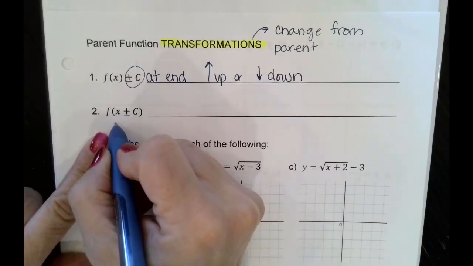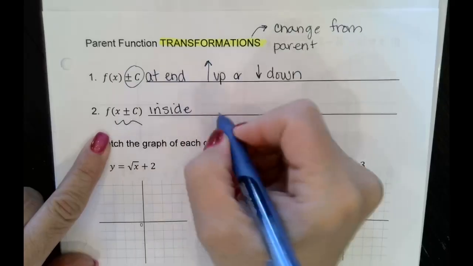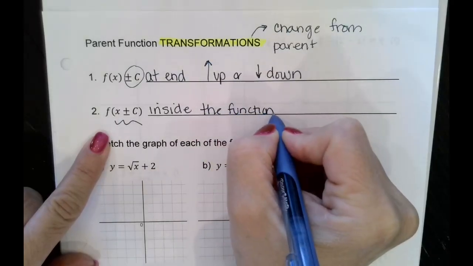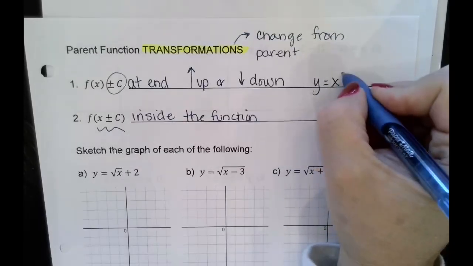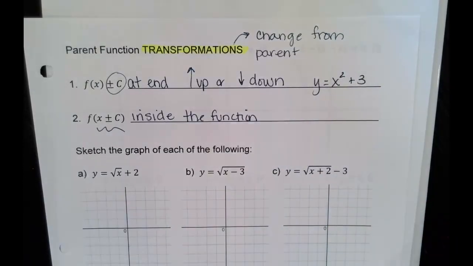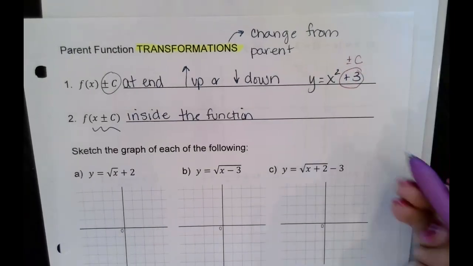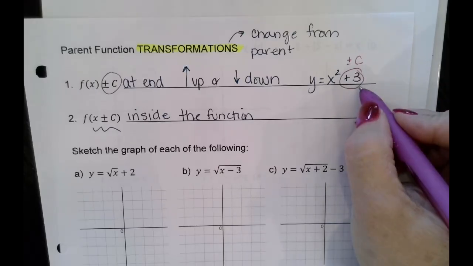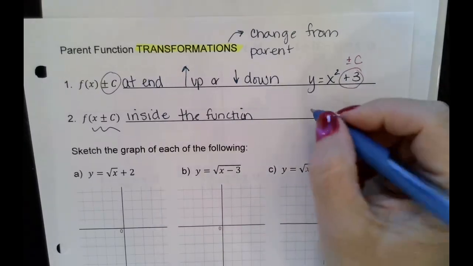Now this is inside the function. And think of this as something, and here I'll give you an example. This would be y equals x squared plus 3. This plus 3 is my plus or minus c. Now we know they have nothing here, so this just tells me that I move my quadratic up 3. This would be if I had something that looked like this.